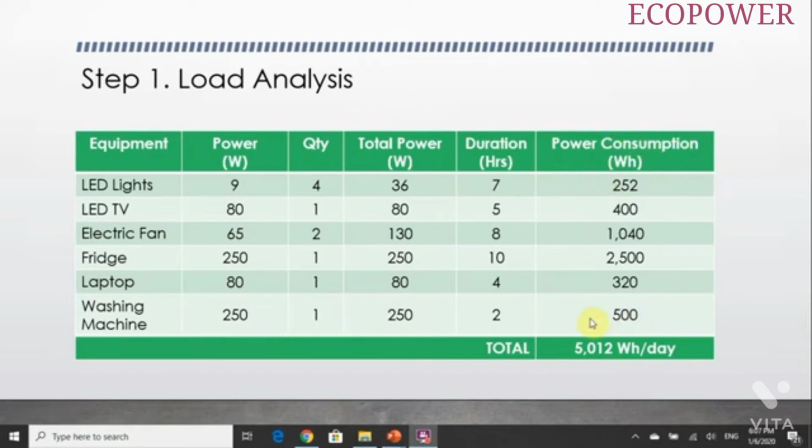Then we sum this all up, and that will be the approximate daily consumption of our equipment. For this example, we have around 5 kilowatt-hours of power consumption per day.